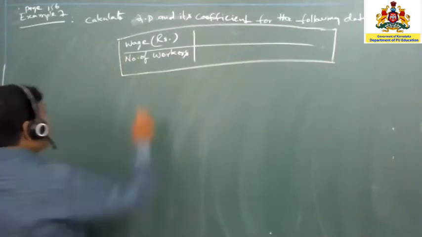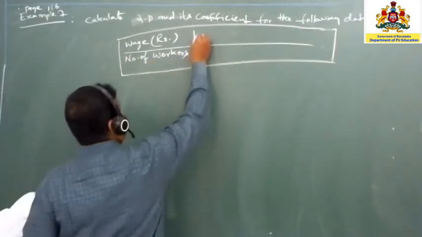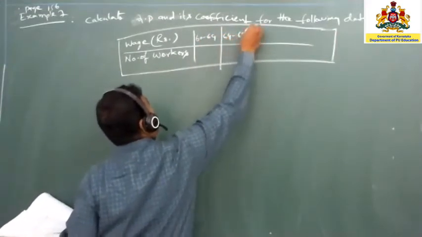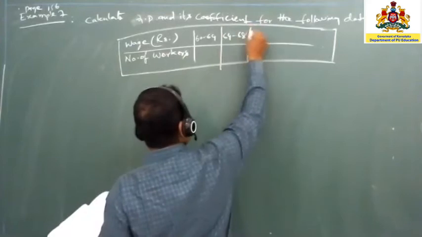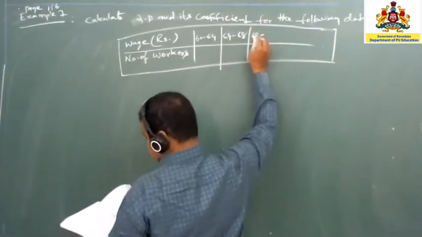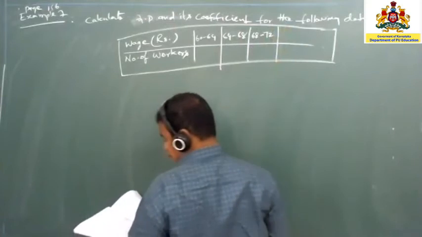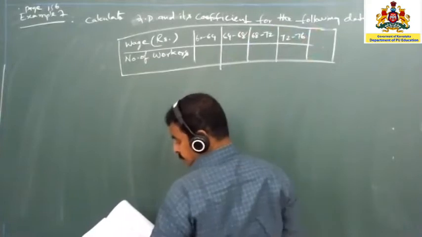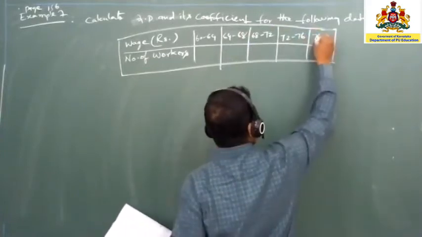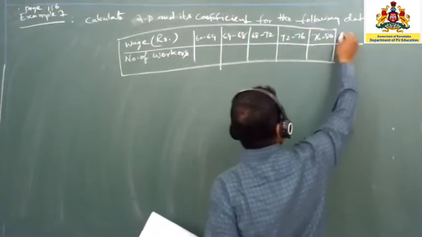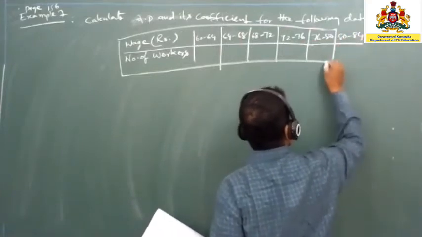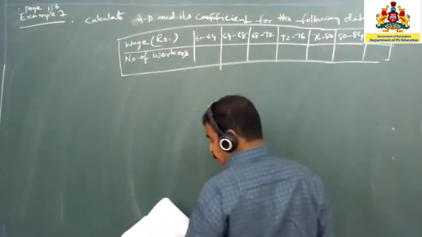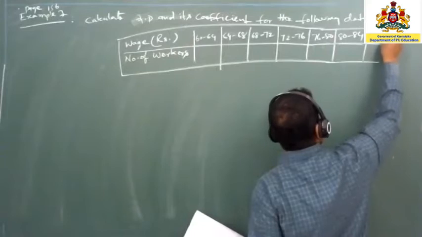Wages: 60 to 64, 64 to 68, 68 to 72, 72 to 76, 76 to 80, 80 to 84, 84 to 88.